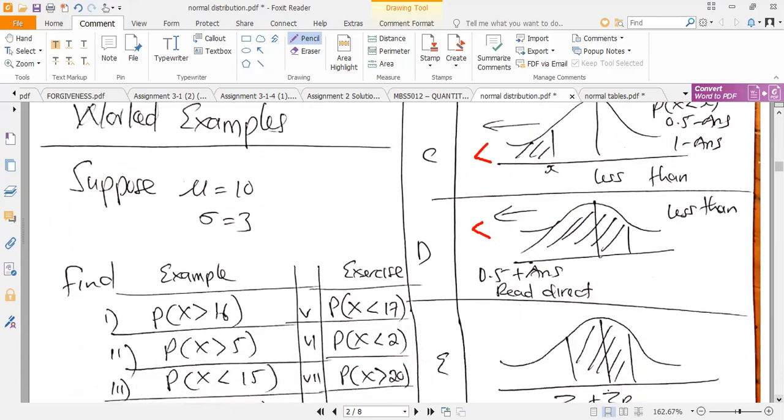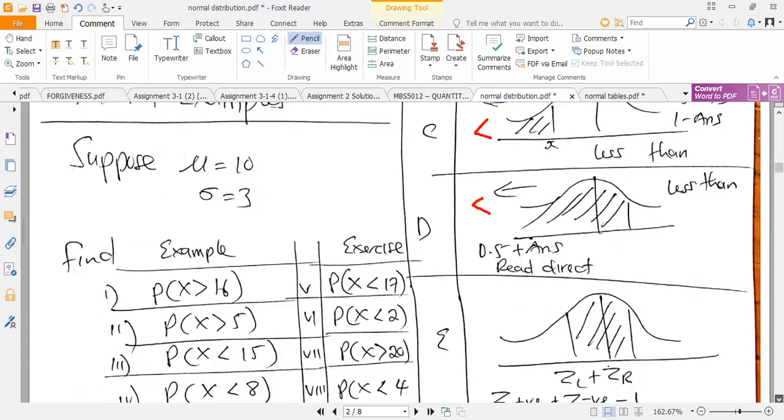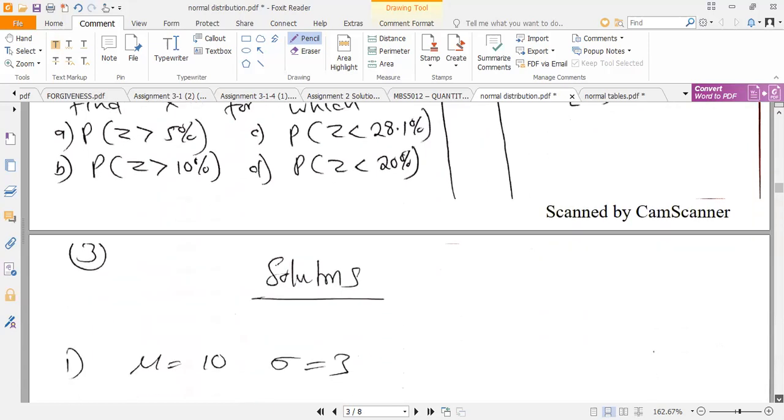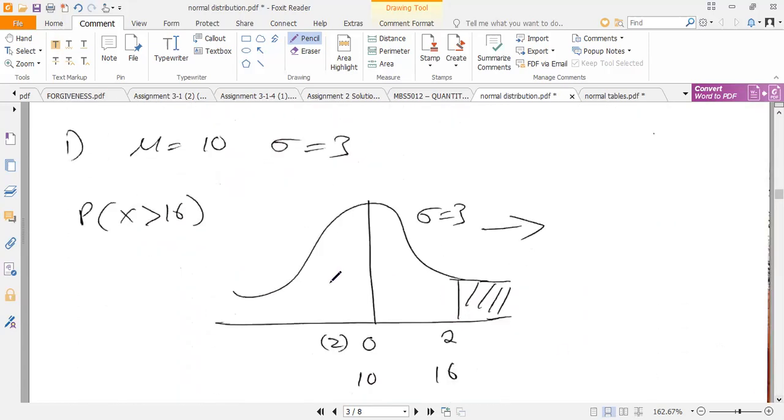So I'm going to look at this example. Suppose our mean is 10 and our standard deviation is 3. Find the probability that x is greater than 16. We're going to follow these rules together. Number 1, illustrate. The 10 is the mean, it's always in the middle.